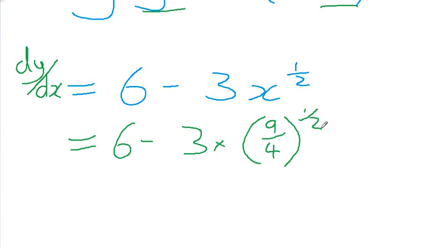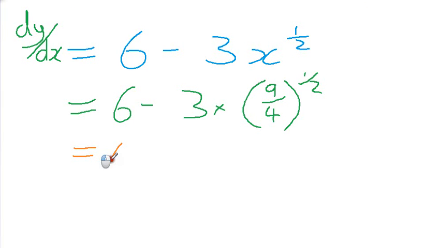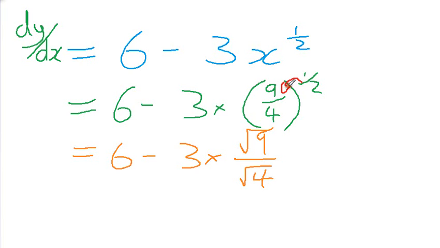And of course, as we used earlier, we can use that indice in another way. So we can go the square root of 9 over the square root of 4. We haven't changed anything there, we've just brought this inside here, applied it to both of these numbers, and instead of writing a half, we put the square root.